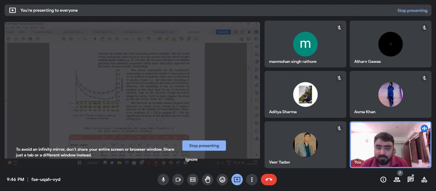And similarly, the size of 5D series should be more than 4D, but it is not like that. The size of 5D series is equal to the 4D series. Why? Due to lanthanide contraction. And what is this lanthanide contraction? Have you learned this? These are lanthanoids, and due to poor shielding effect of 4f electrons, the size will decrease. Hence, their size will be nearly equal to the 4D series.